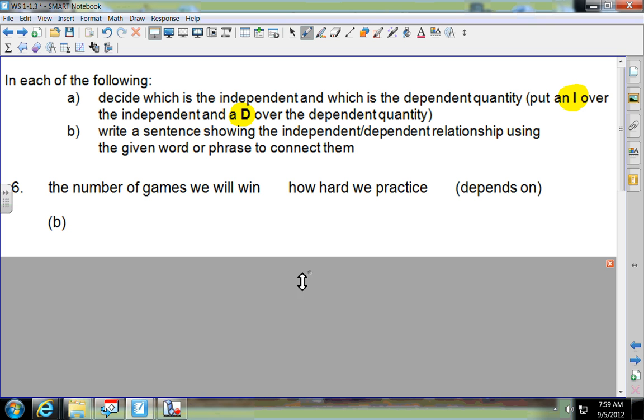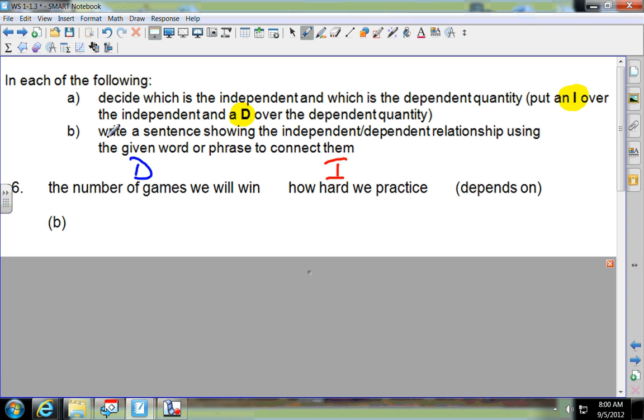The first step is to go through and decide which is the independent, which is the dependent. So it talks about the number of games we win and how hard we practice. What do you have to do first? You have to practice. Okay? That's your independent. Your dependent is the number of games you would win.